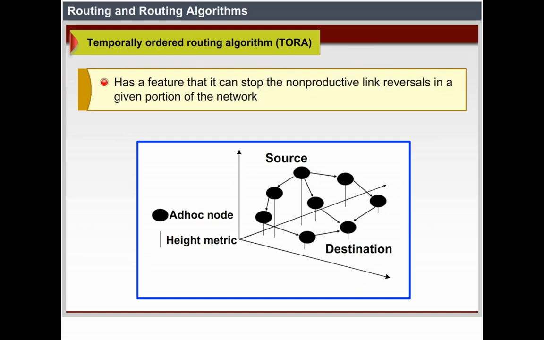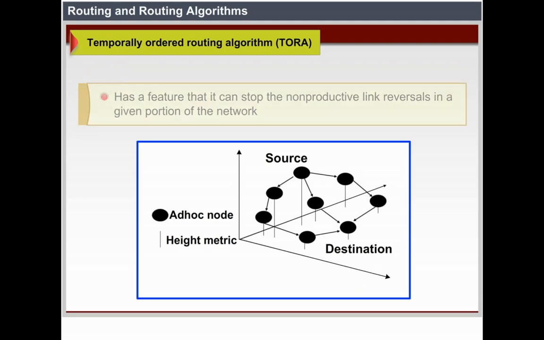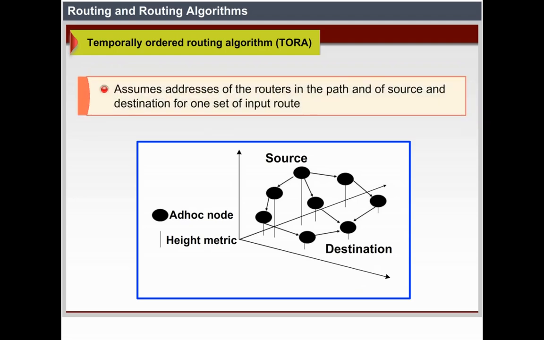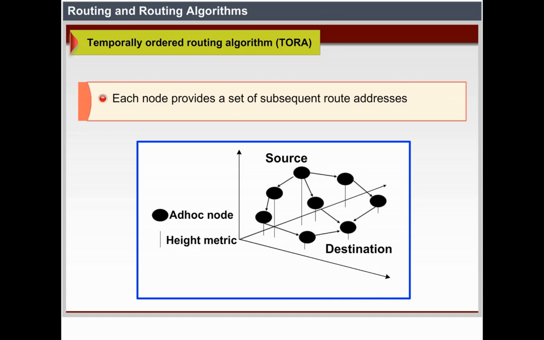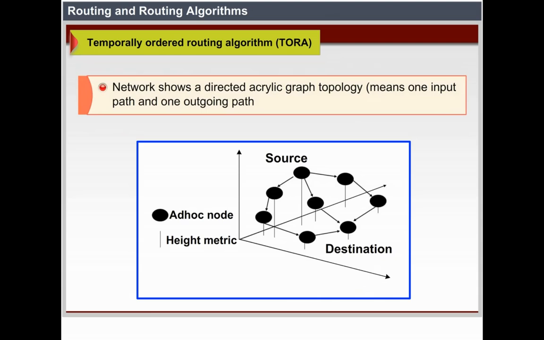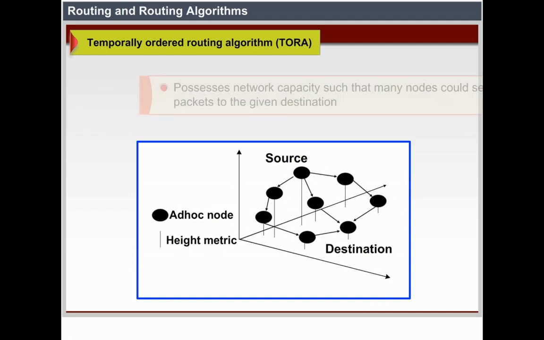Has a feature that it stops the non-productive link reversals in a given portion of the network. Assumes addresses of the routers in the path and of source and destination for one set of input route. Each node provides only one set of subsequent route addresses. Network shows a directed acyclic graph topology, meaning one input path and one outgoing path.